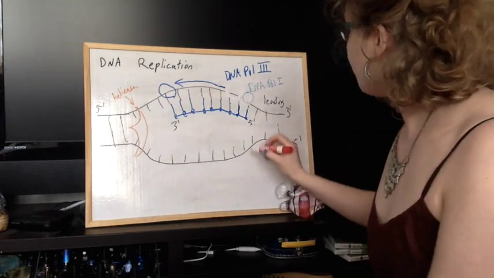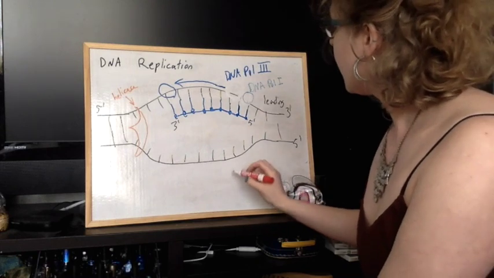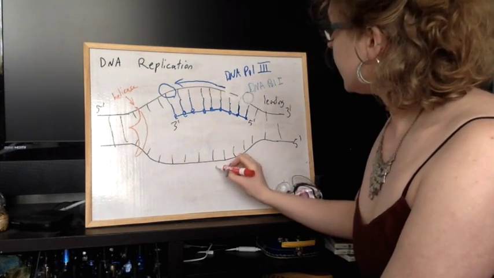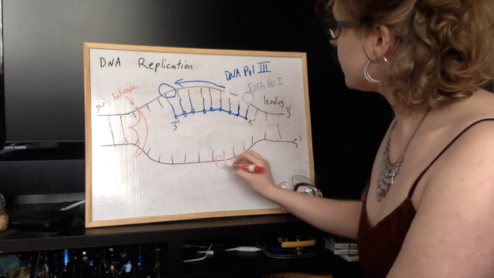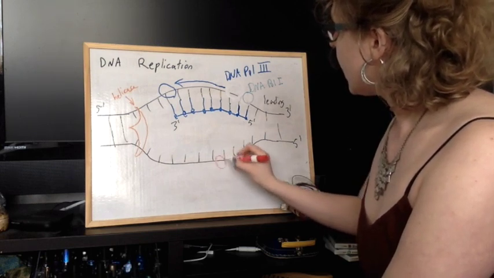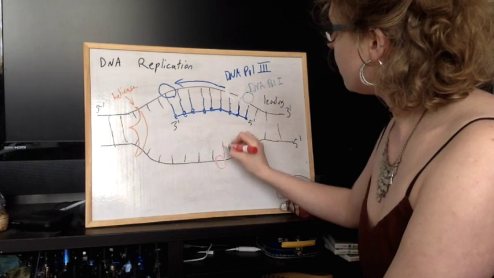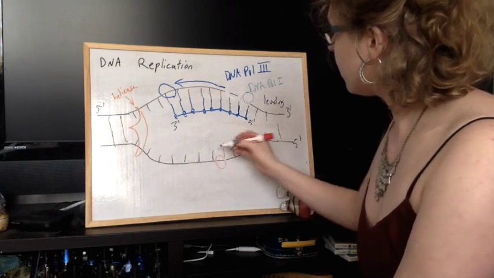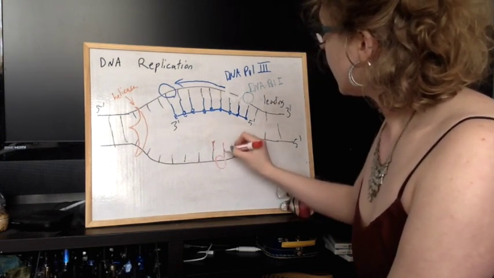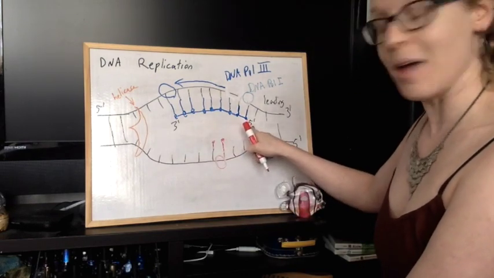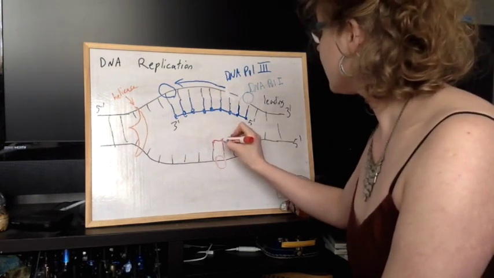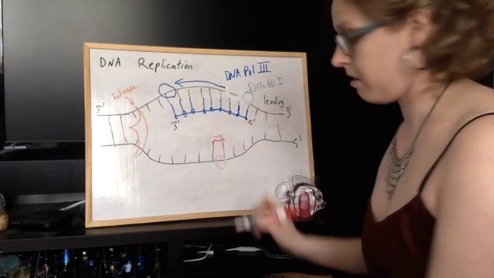So RNA primase is going to come here, and let's say it comes here, RNA primase, and it is going to make a primer, and it's going to make that primer 5' to 3', opposite of this, which is that way.